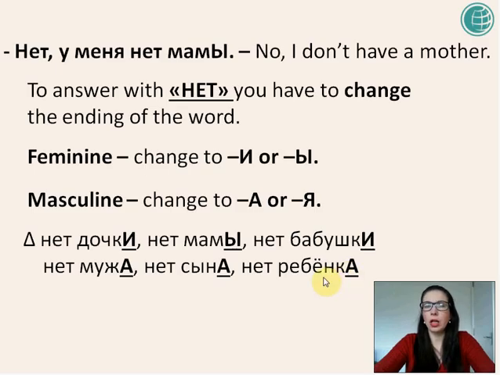It's a masculine noun because it ends with a consonant. We add an additional letter А. Нет мужа, нет сына, нет ребенка. Just don't be surprised if you hear some different endings with the word нет. It's just a grammar rule.